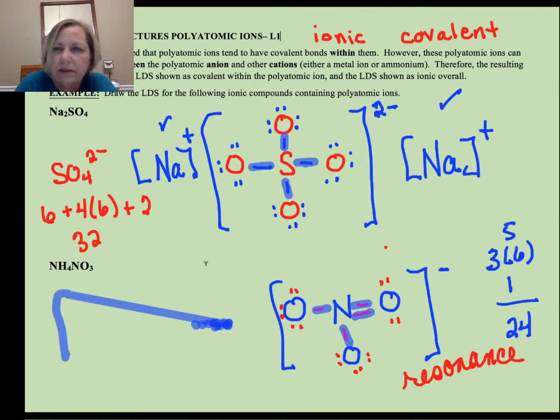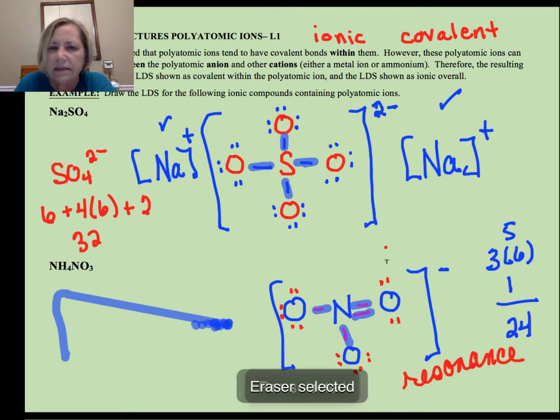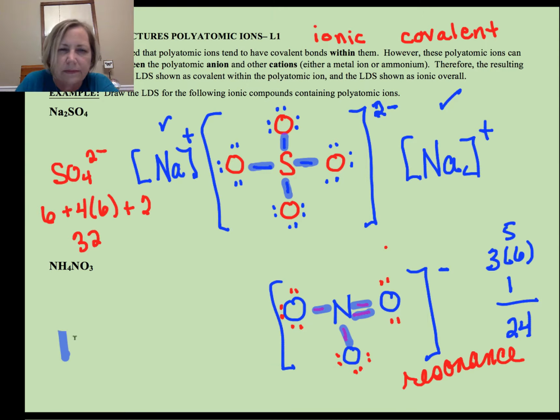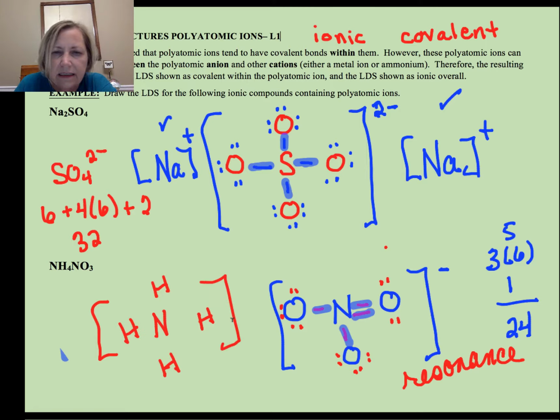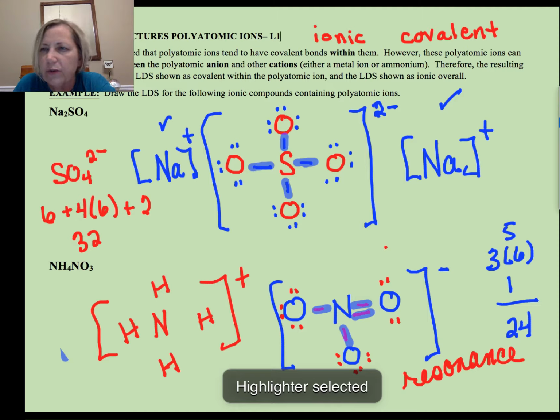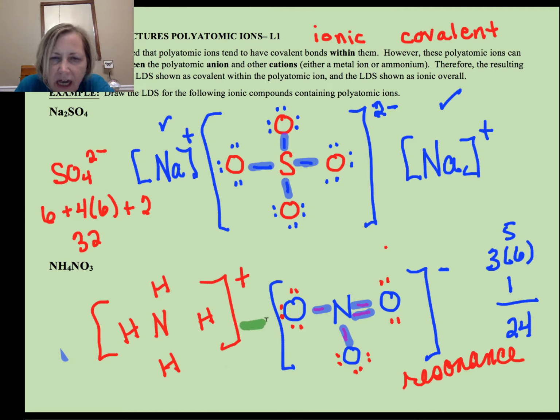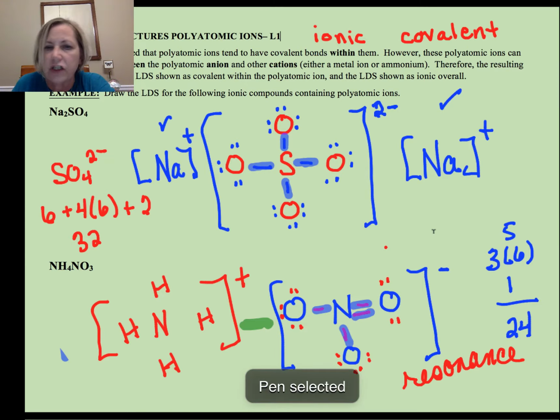So let's put, oh my goodness. Let's see if I can clean that up a little bit. All right, try again. I'm going to put my ammonium with 4 hydrogens around it and a plus charge. So between these two, I have an ionic bond or an electrostatic attraction.